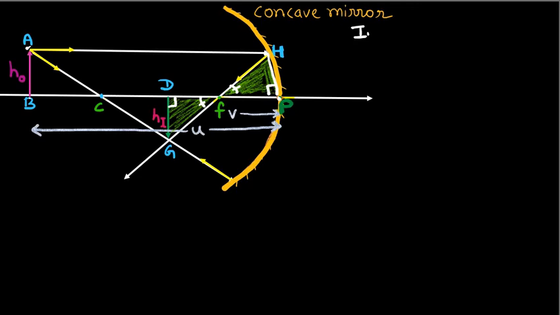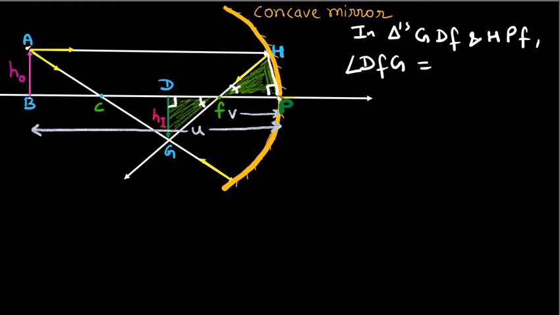Now, in triangles GDF and HPF, we have angle DFG equal to angle PFH, which are vertically opposite angles, so they are equal, and angle GDF is equal to angle HPF.